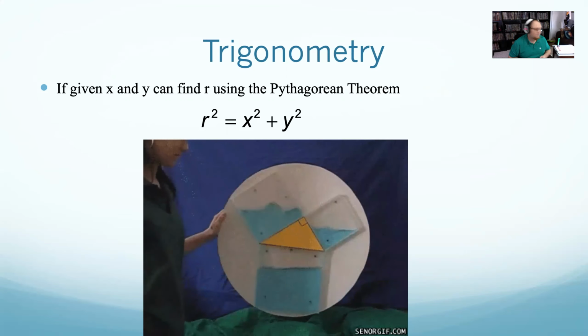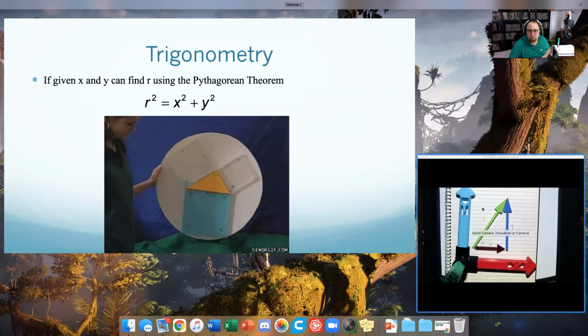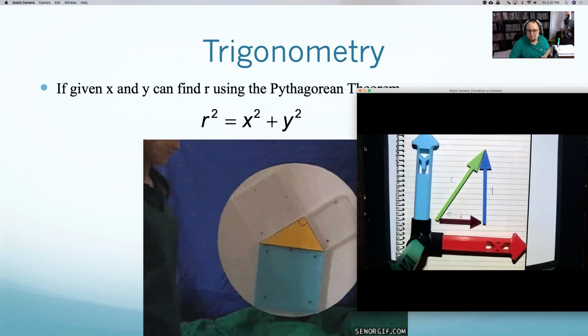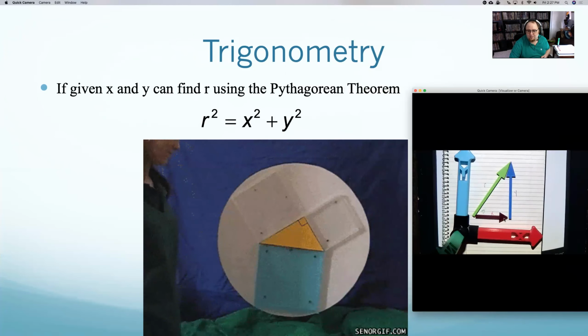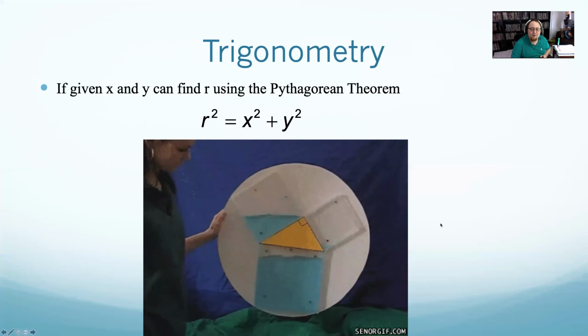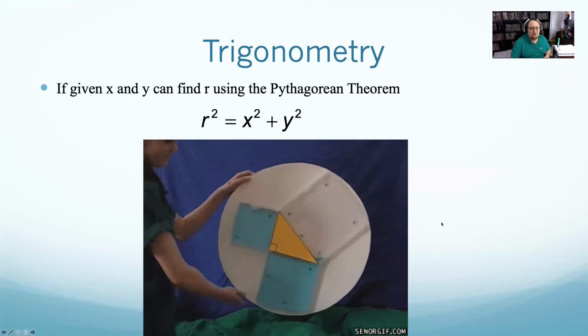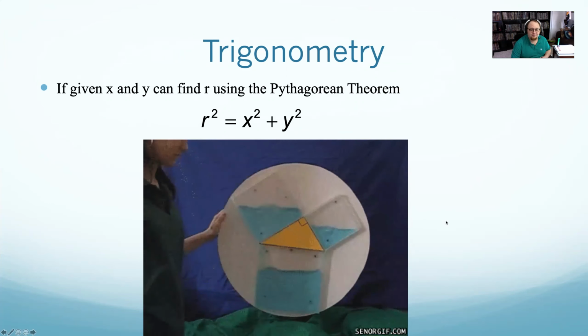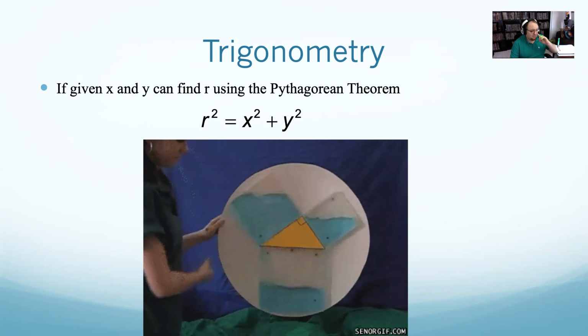And so what you can say is your x component squared, the length of this red arrow squared, plus the length of this blue arrow squared is the length of this green arrow squared. That is what it says. And so if you ever know x and y, you can get all. That only gives you all, it doesn't give you theta.